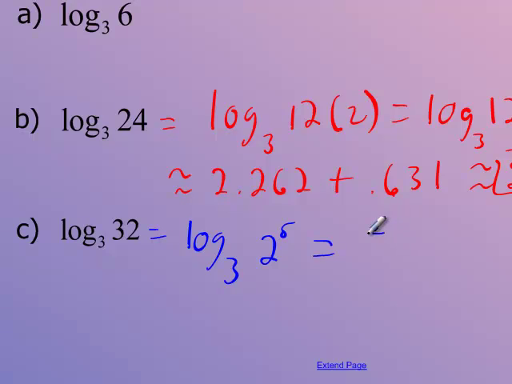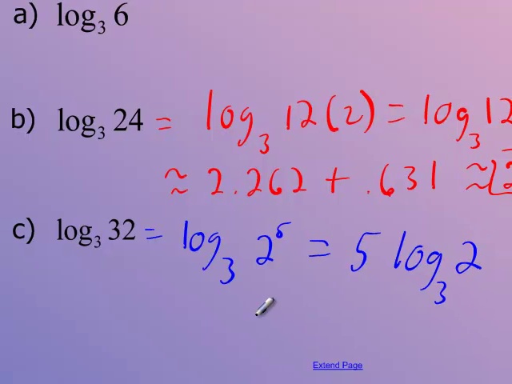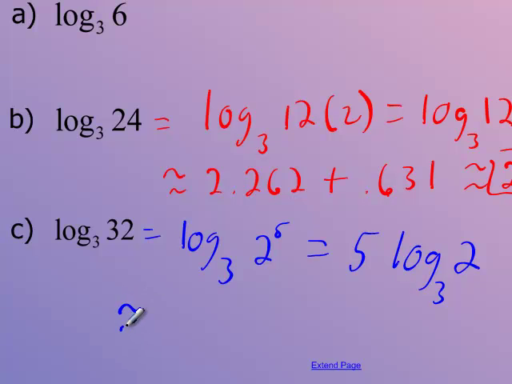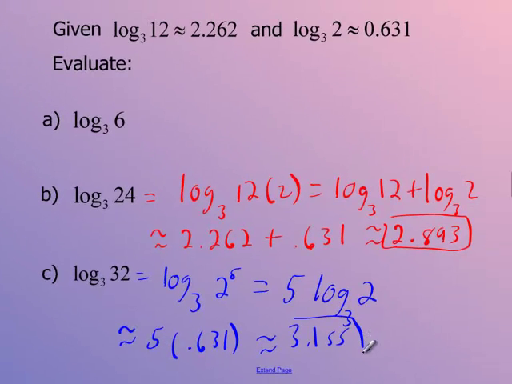Now the exponent goes out in front, and I have 5 times log base 3 of 2. So this is approximately equal to 5 times 0.631, which is approximately 3.155. And I would box in that answer, like so.